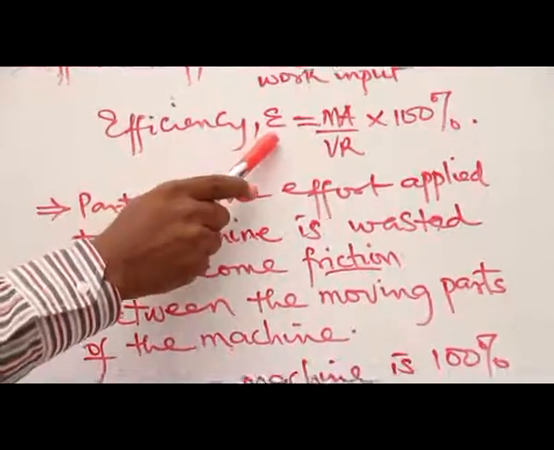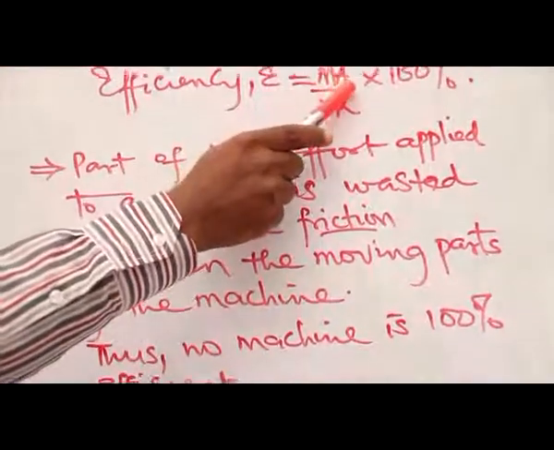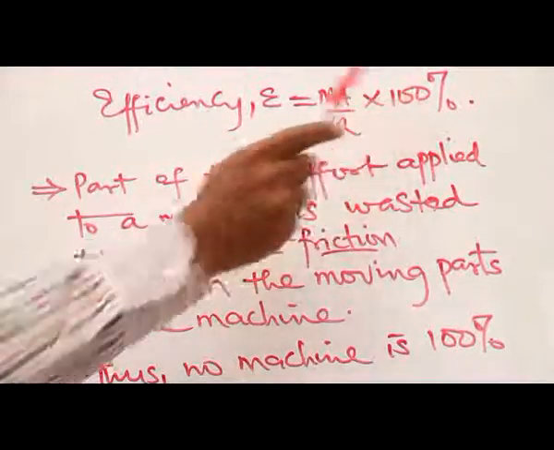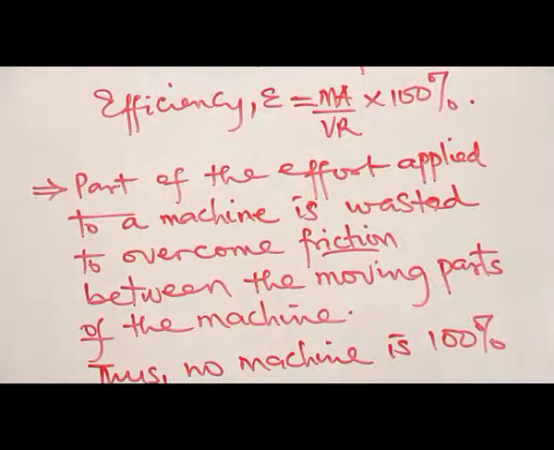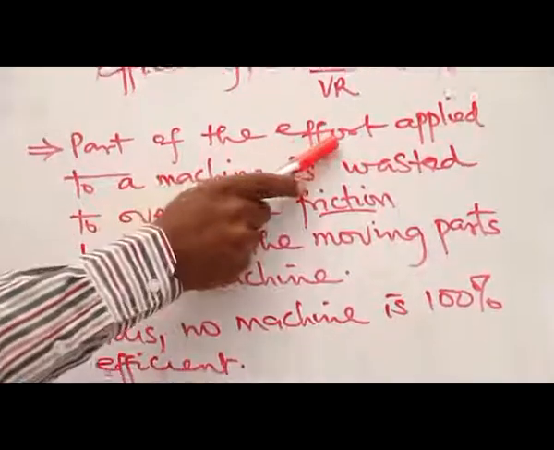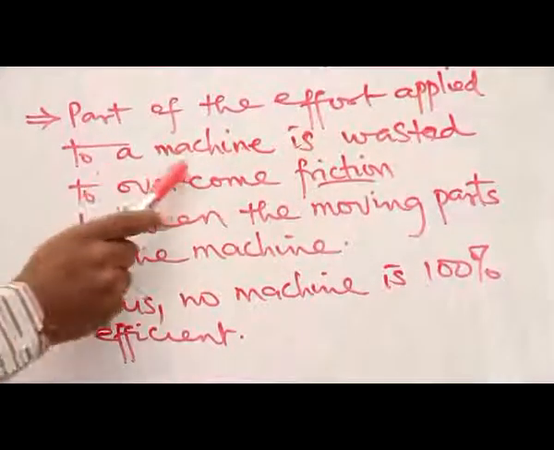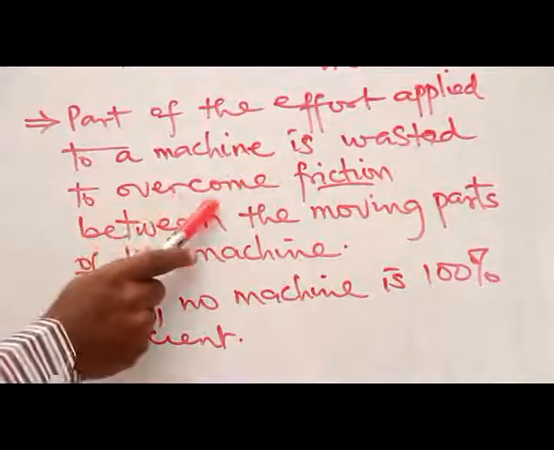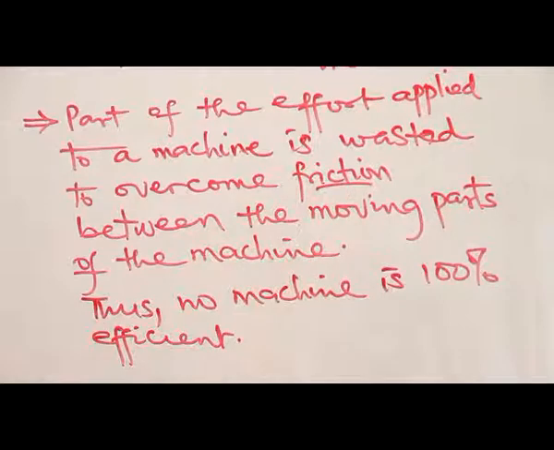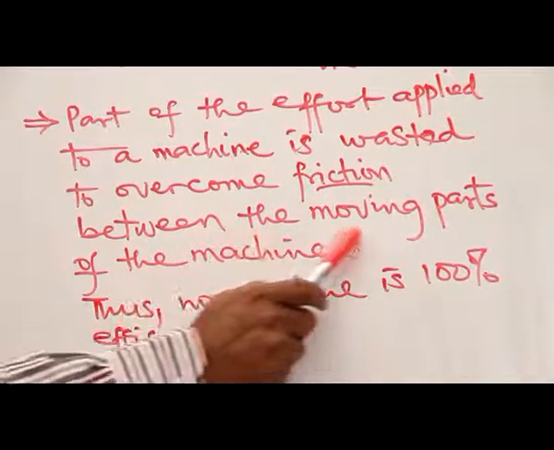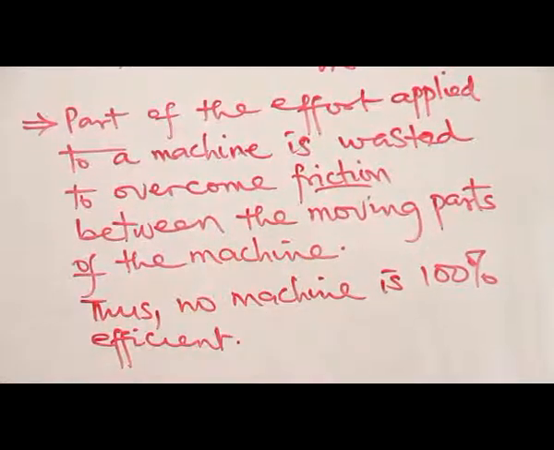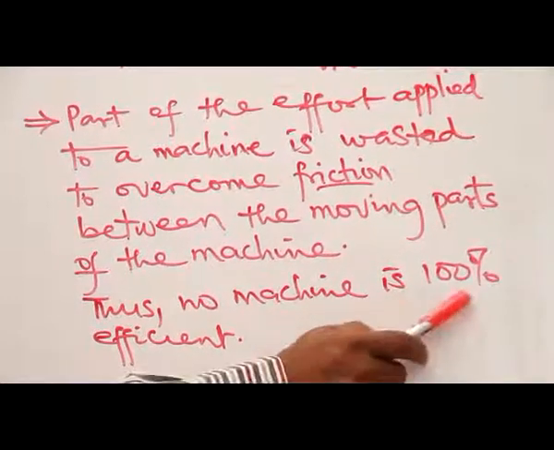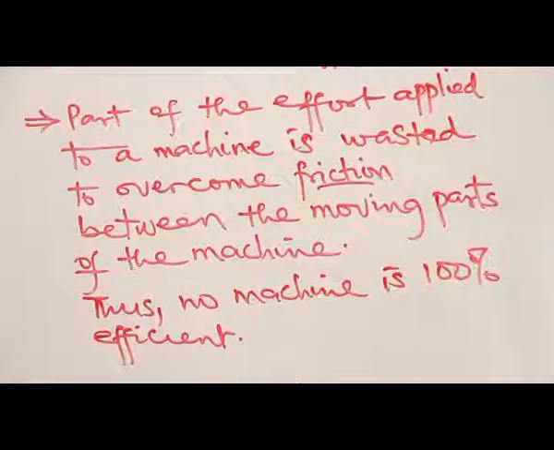Efficiency can also be determined using mechanical advantage divided by velocity ratio times 100%. Part of the effort applied to a machine is wasted to overcome friction between the moving parts of the machine. Thus, no machine is 100% efficient.